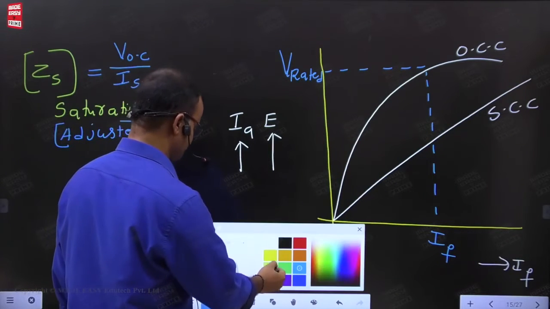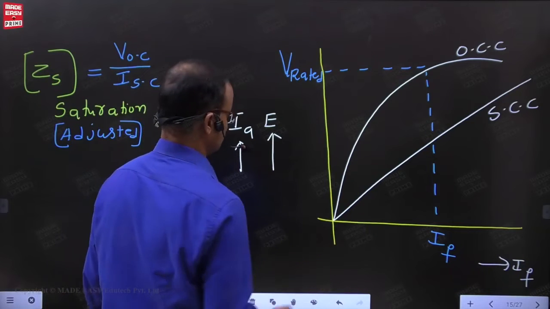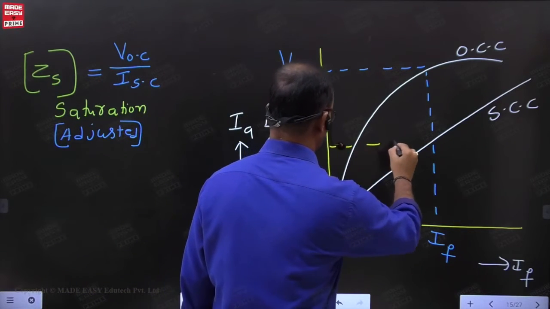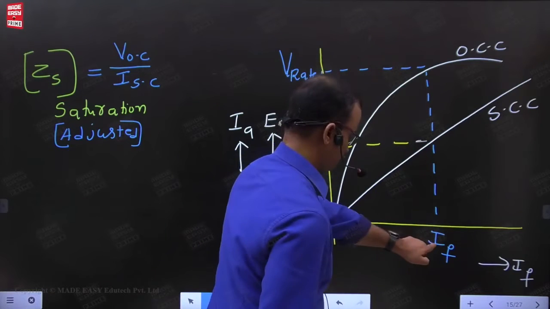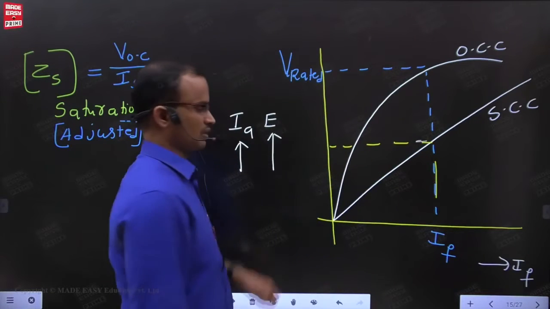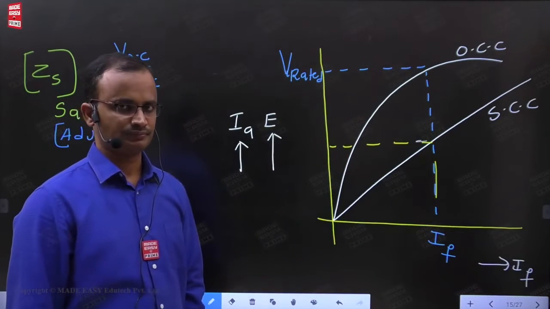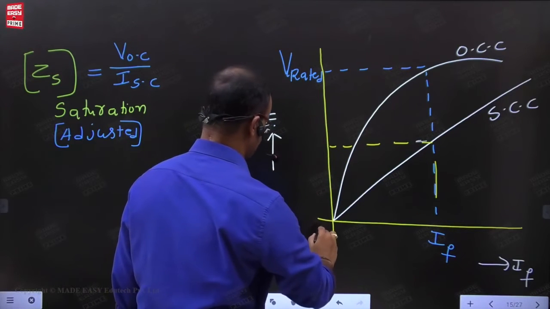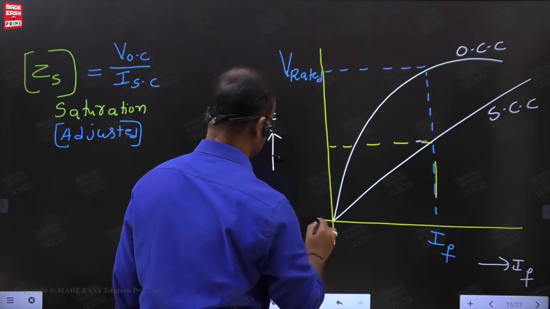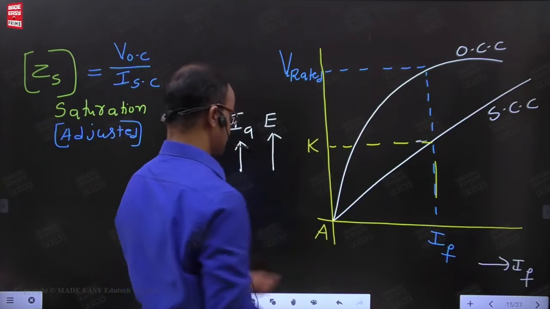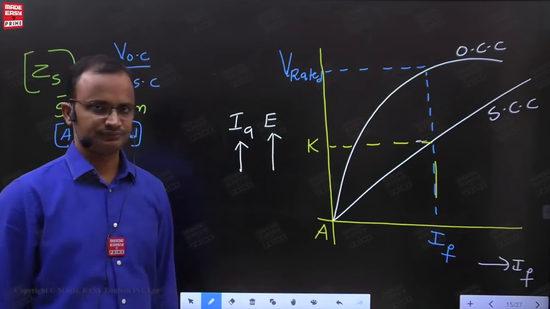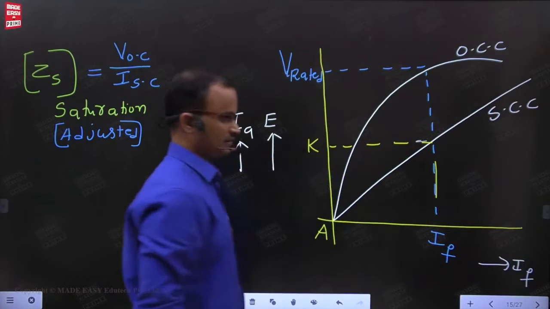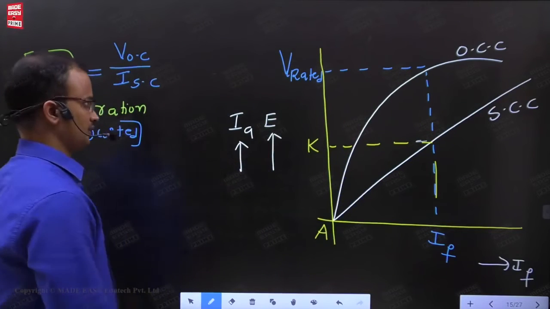Now for this field current, measure the respective short circuit current from this SCC. The respective short circuit current I name as AK. This length AK is taken from the SCC.